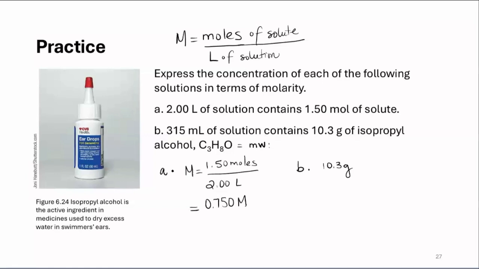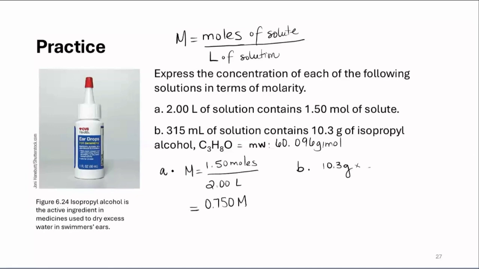And we are going to add 15.999 for oxygen. So the molecular weight for isopropyl alcohol is 60.096 grams per mole. The reason why I'm calculating that is because I need a molar amount for my solute, and right now it's given in grams.